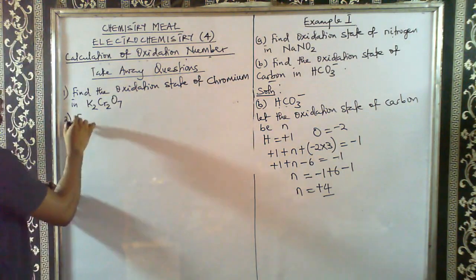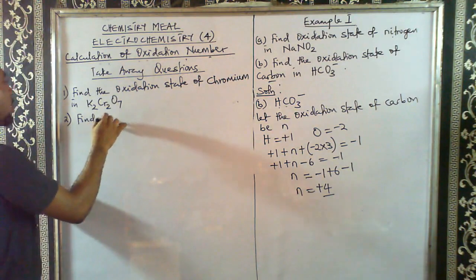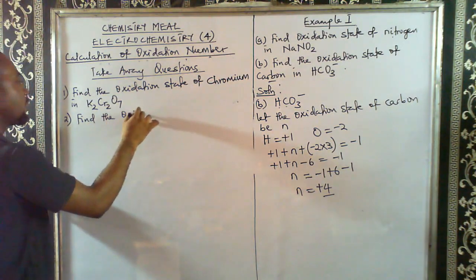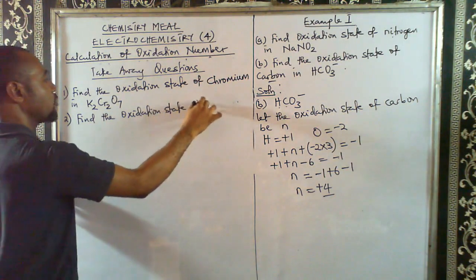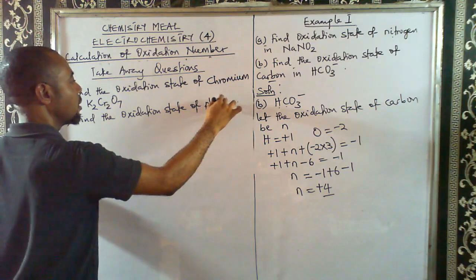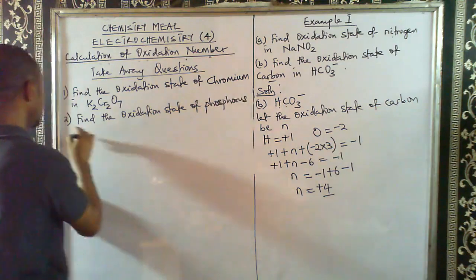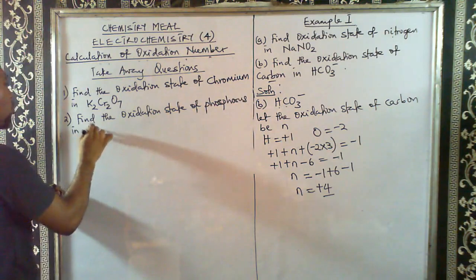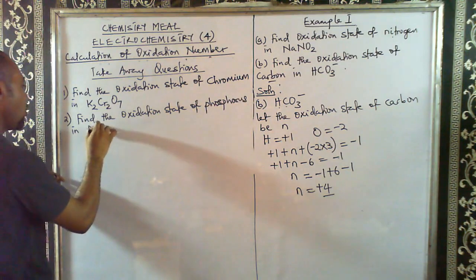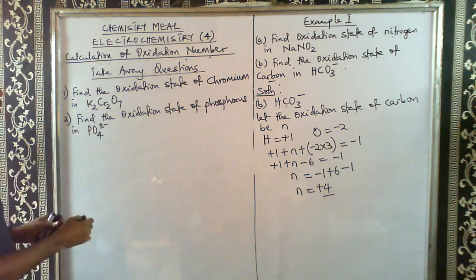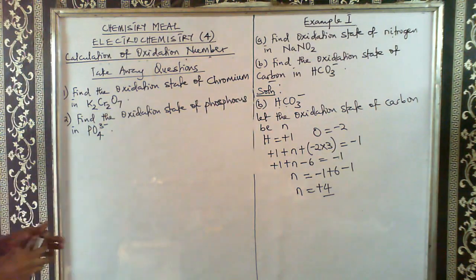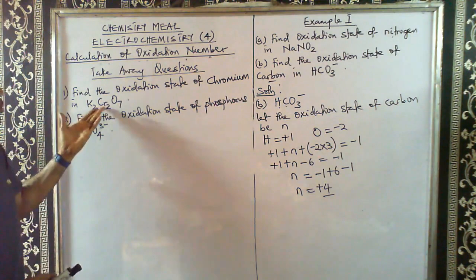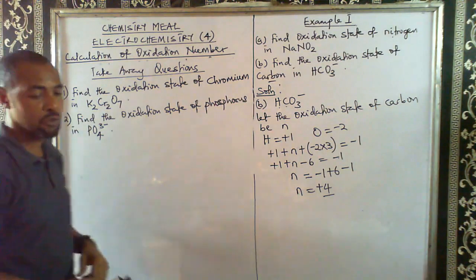Then the next one, find the oxidation state of phosphorus in PO4 3-. So find the oxidation state of chromium here, and then the oxidation state of phosphorus here.